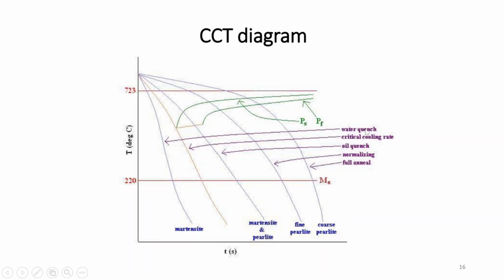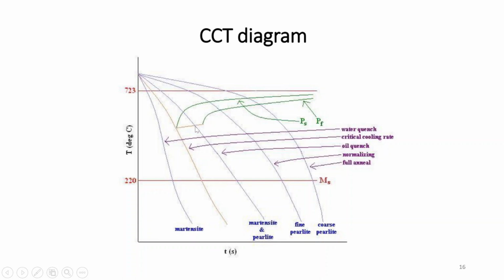Depending on various methods of cooling, if you are water quenching your steel, then you are using a very high cooling rate. In this case you are forming complete martensite. If you are cooling at the critical cooling rate, which is just touching the nose temperature, here you will again be forming martensite.